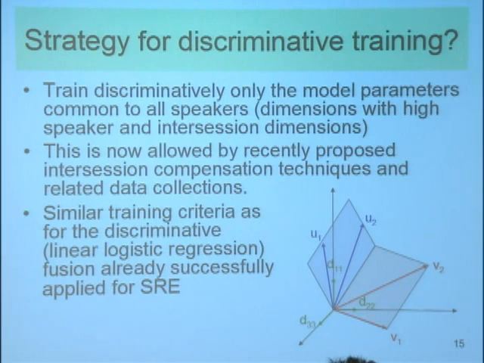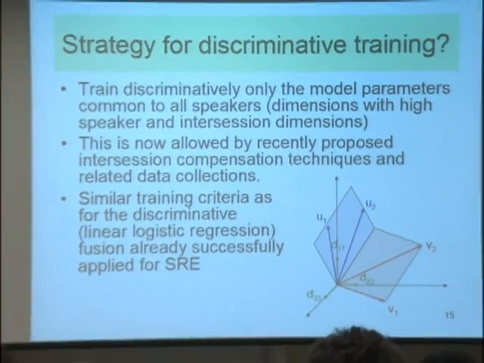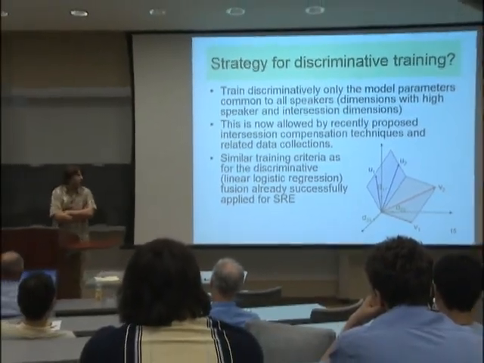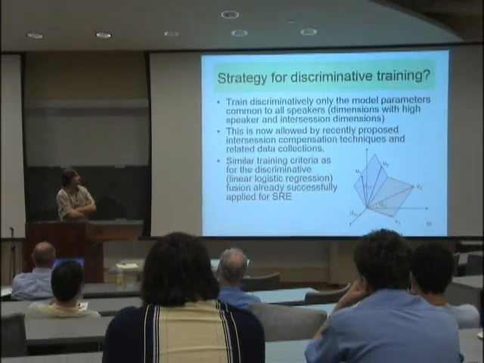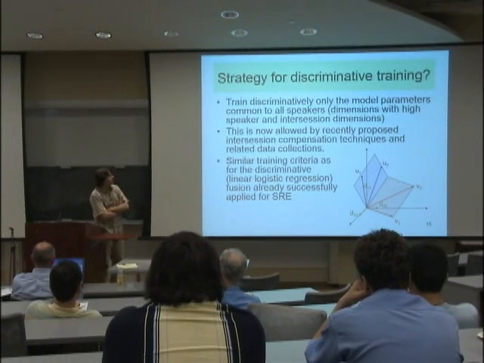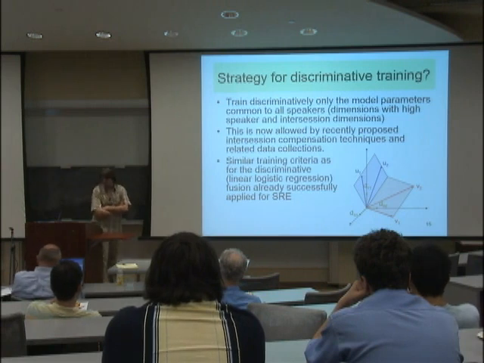So this is a very, very reduced version of what we would like to do during the workshop, where we were just training a few parameters, while right now we would like to train a lot of parameters, the hyperparameters that are common to all the speakers.